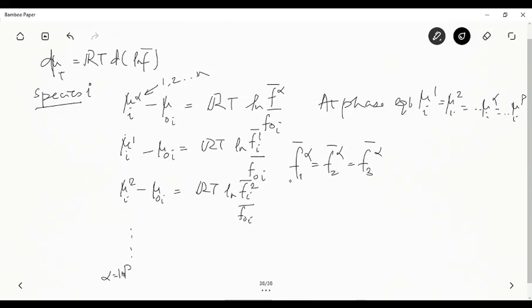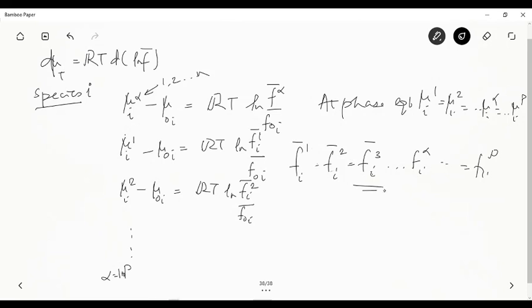So as it exists in the mixture, the fugacity of species I in phase 1, 2, 3, so F I1 is equal to F I2 equal to F I3 equal to F I alpha.